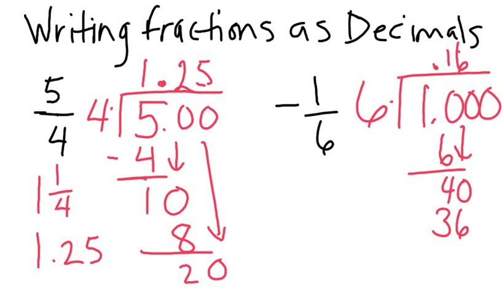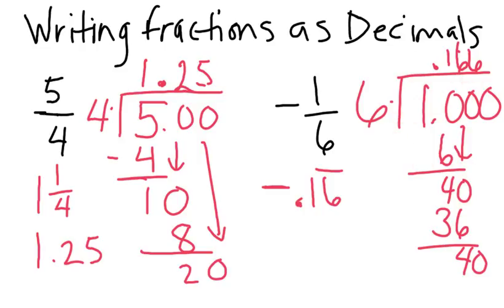And at that point, it's going to start to repeat. See how the 6 is going to start to repeat? Well, the answer is negative still, remember? 0.16 repeating. But guess what? If I memorized my fraction decimal equivalents, I already know that 1/6 is 0.16 repeating. So I would have just gone straight from here to here if I had my fraction decimal equivalents memorized and saved myself a lot of work.